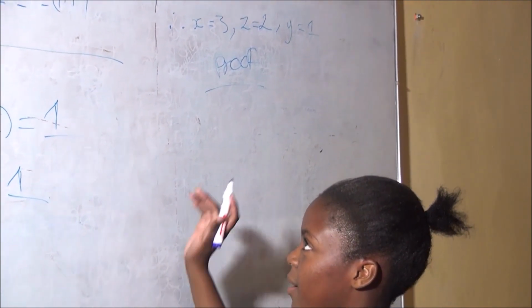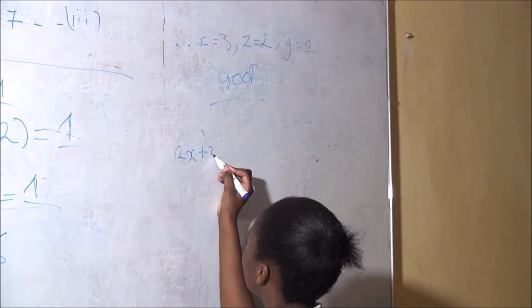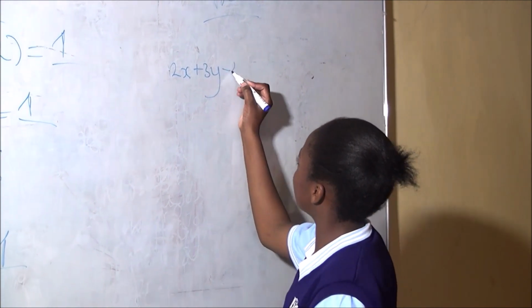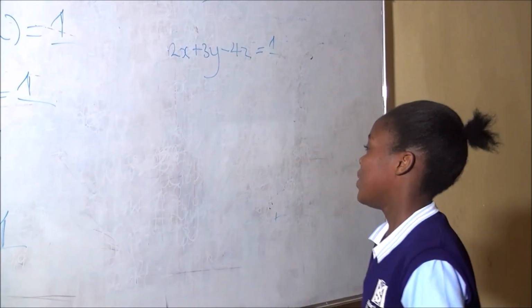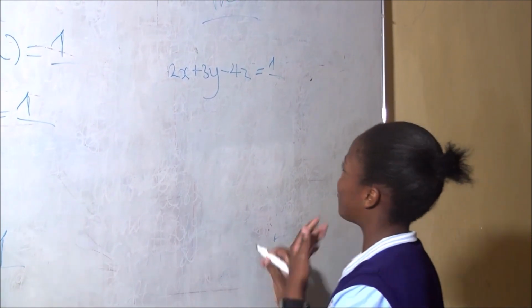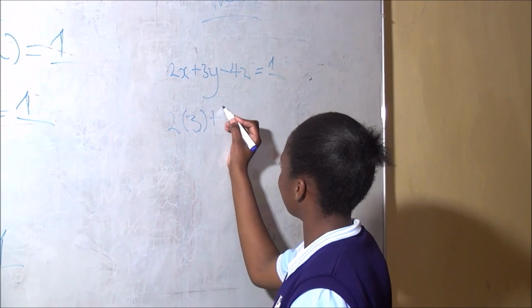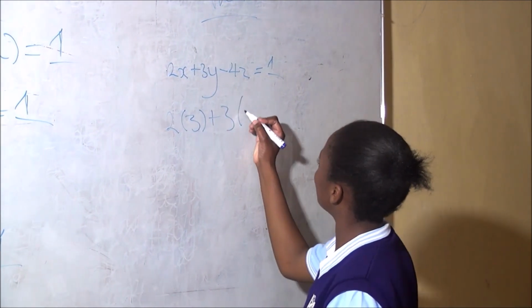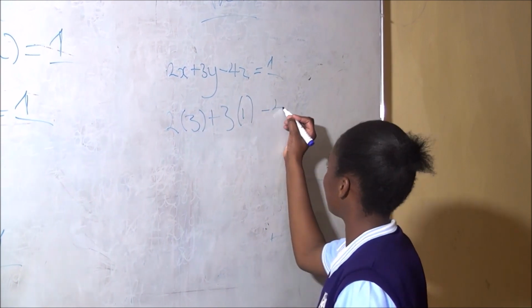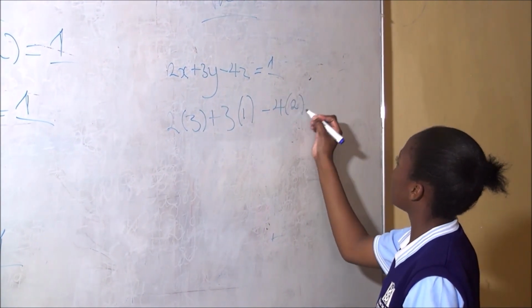So here I'm going to get my first equation, which is 2x plus 3y minus 4z, which is equal to 1. So here, since we found the value of x as 3, we're going to substitute plus 3. Since y we found that it's 1, we're going to substitute with 1, minus 4. And our z we found that it's 2, so here we're going to substitute with 2, which is equal to 1.